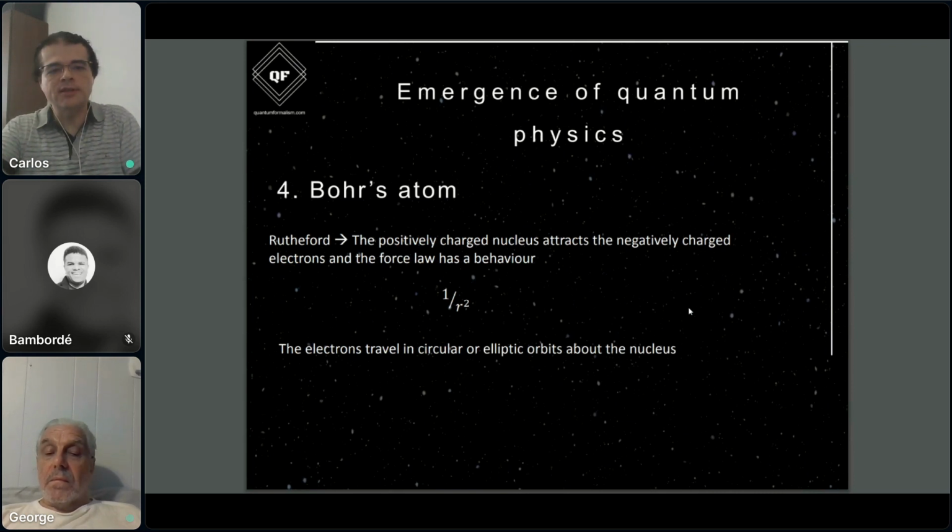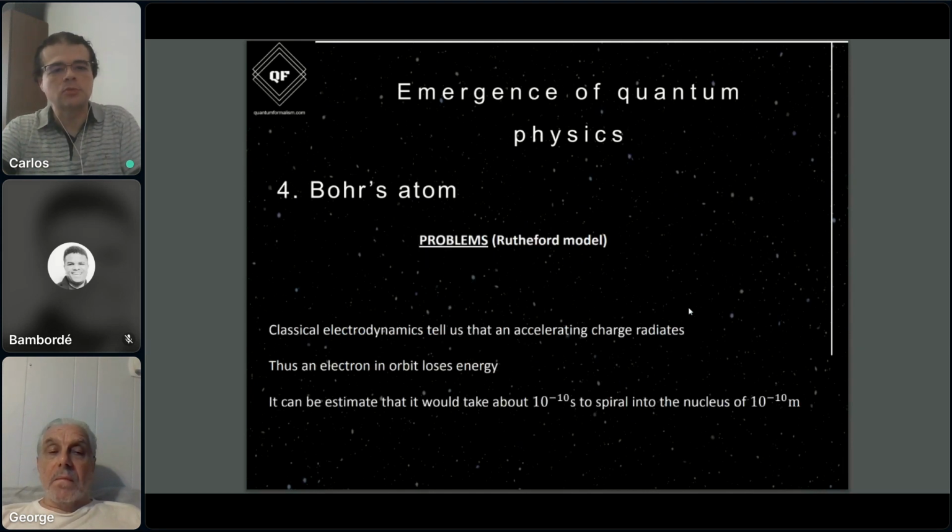The problem here, even from the theoretical point of view, is that classical electrodynamics tells us that an accelerated charge, in this case an electron around the nucleus, would radiate, and this radiation will make the electron lose its energy. You could also estimate the time it would take for the electron to collapse into the nucleus.